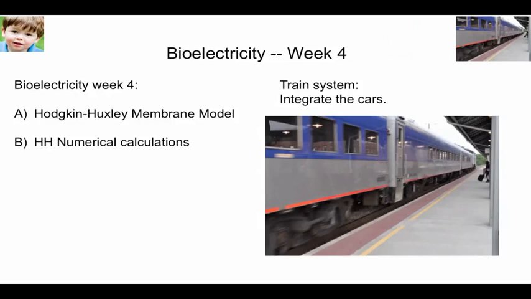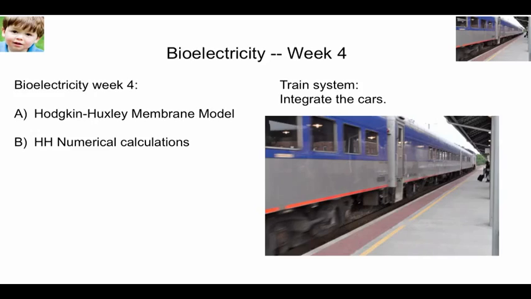Within this week, we will talk in some detail about the Hodgkin-Huxley membrane model. The Hodgkin-Huxley membrane model is the original membrane model that showed in a carefully integrated way how the different parts of the action potential come together. Hodgkin and Huxley put their model together from experimental data.